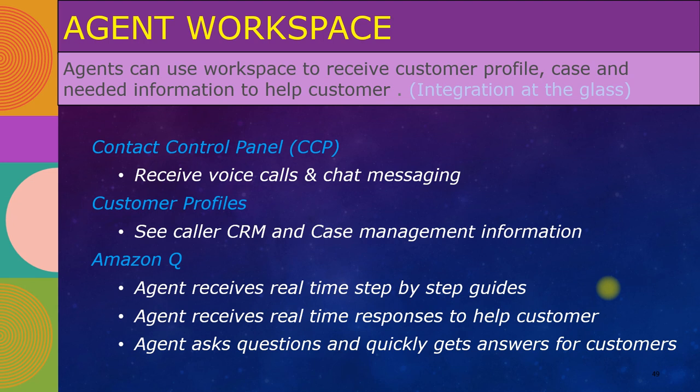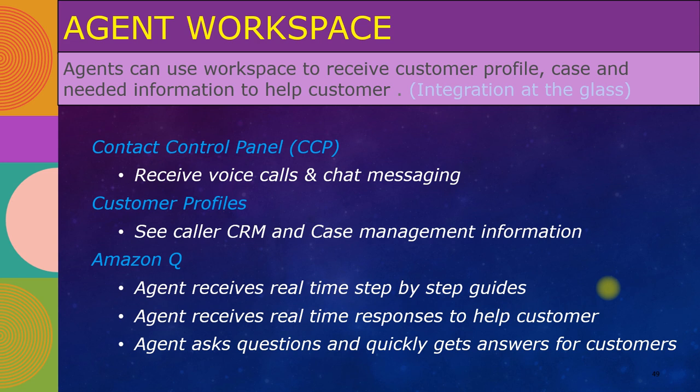Okay, so in Agent Workspace, agents can use the workspace to receive customer profile, case, and needed information to help the customer. And really, what it is is integration at the glass. Originally Amazon Connect had this contact control panel to receive voice calls and chat messaging.